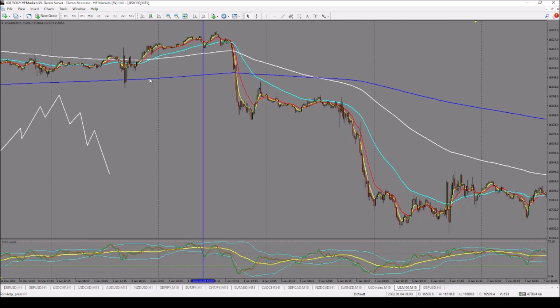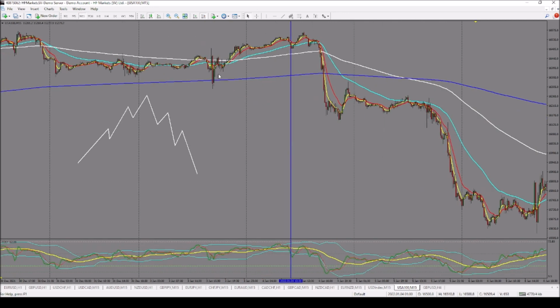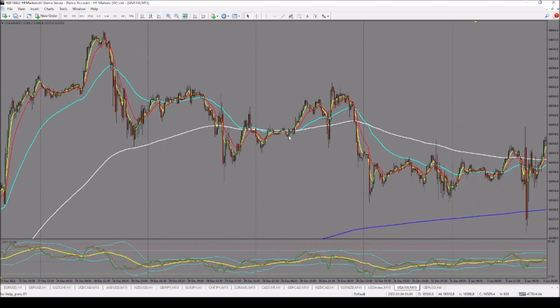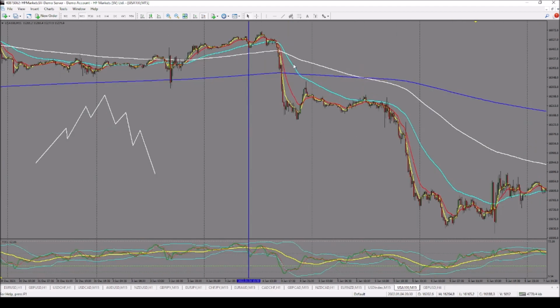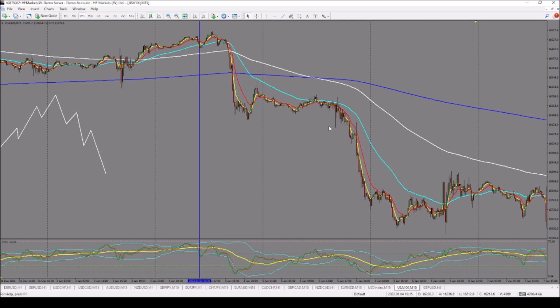So in this case, we can see that this was the last lower high of the previous trend, right? And after that, we broke this region. After breaking this region, we made a new lower high and a new lower low. The market went down. It gave us another lower low. We were now anticipating a new lower high.